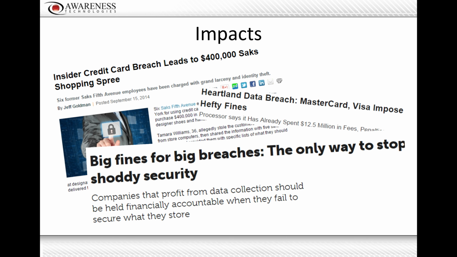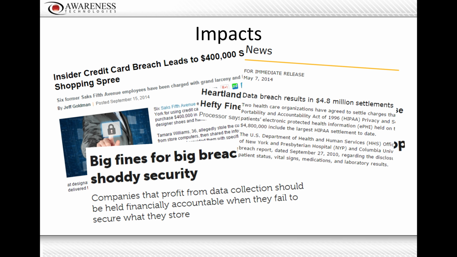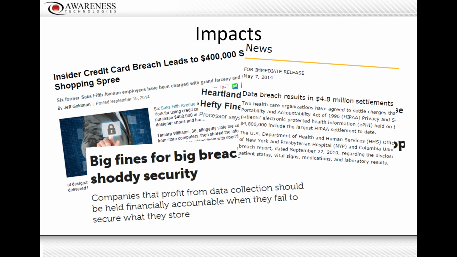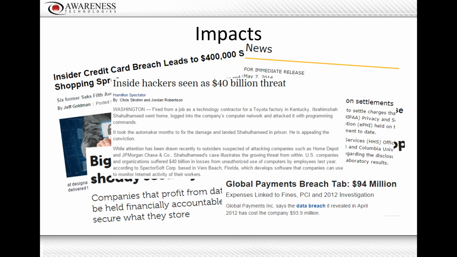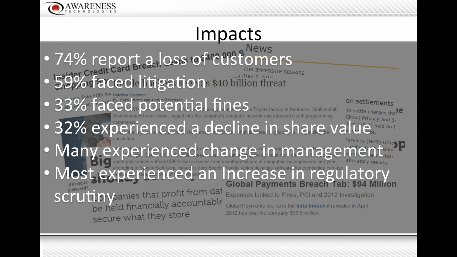Basically, I think you're seeing a lot more where the accountability is being placed on the financial organizations for this. And I know you guys are aware of the new chip and PIN that's coming out. So retailers are going to be held to a higher standard, and so are financial institutions. So there's a lot of changes here in how things are going to be handled. We can keep adding these up, but basically it just means that there's a lot of impact there.